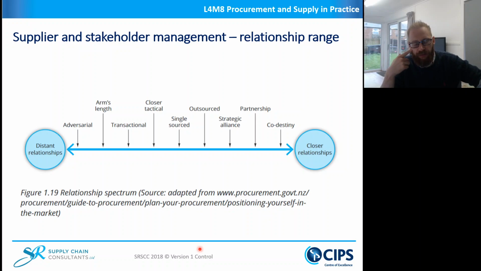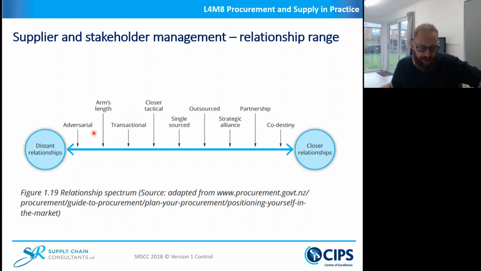So when we talk about the type of relationship we want to have with the supplier, we generally talk about the relationship spectrum. The fact that it's talked about in supplier and stakeholder management is something that I would know. I know nobody likes to hear you've got to learn a list, but I always remember this as AAT, CSO, SPC.